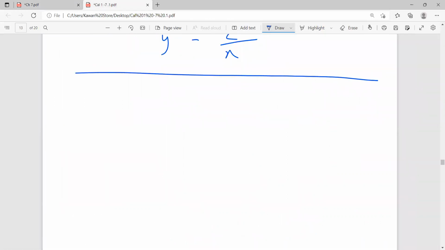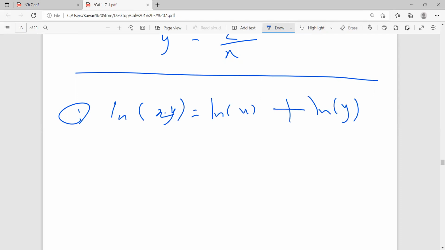For the first one, he says that if you have ln of, for example, x times y, the multiplication between them, you can say it is equal to ln of x plus ln of y, with anything.